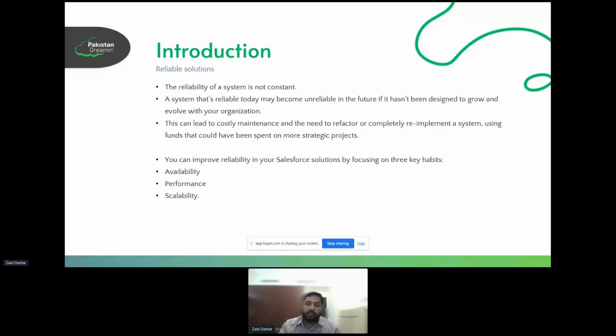I've seen big companies spending a lot on refactoring those solutions, and due to that, they cannot move forward to newer technologies that Salesforce is bringing in, because they're spending way too much on the existing solution and trying to make it work. So I've divided the reliable solution into three main parts: availability, performance, and scalability. We'll go into them one by one.